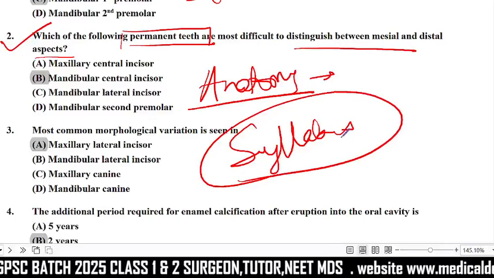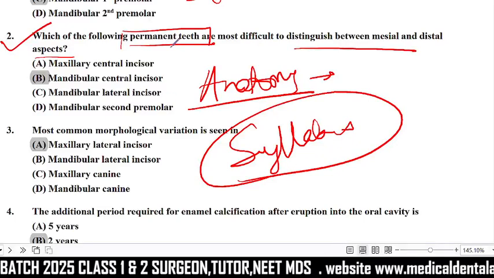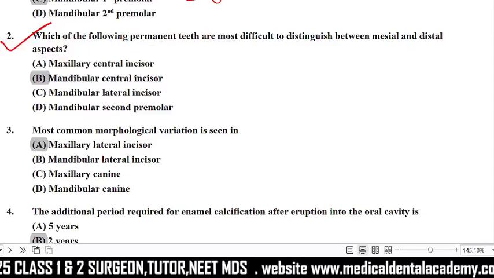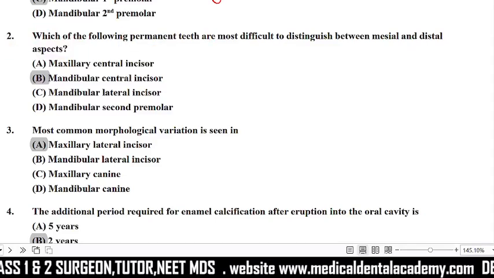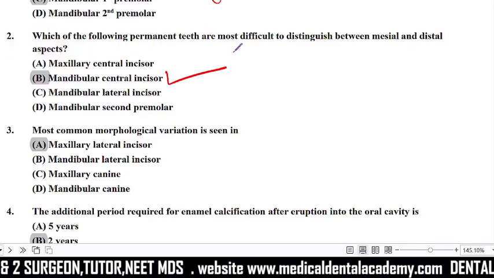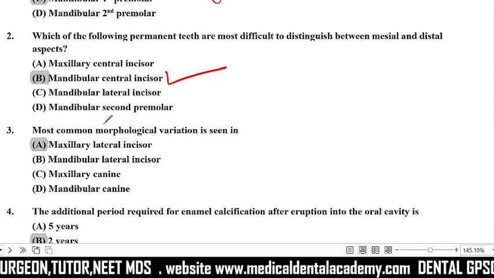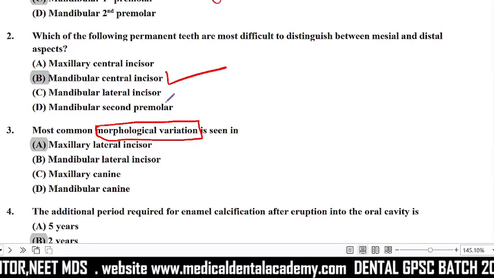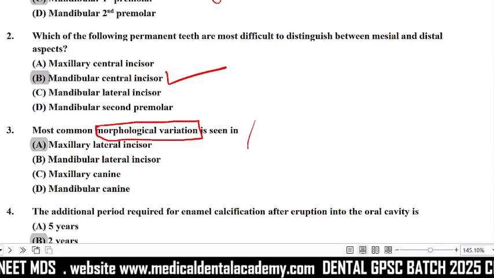They will ask you that anatomy will be asked, physiology will be asked. So this is the anatomy related to conservative dentistry. Okay, here the answer will be mandibular central incisor. The most common morphological variation will be in the lateral incisor.